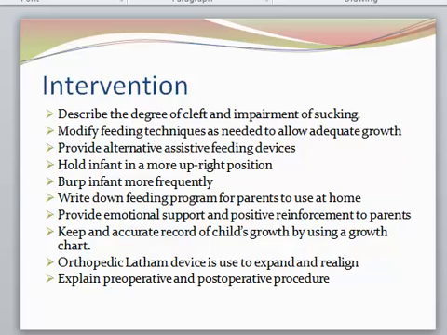So you'll be seeing those, and you may see a device that they call a Latham device. I know that my oldest had to have one, not because of cleft lip or palate. It's an orthopedic device that they put in the mouth, and it's used to expand and realign the upper palate and teeth.